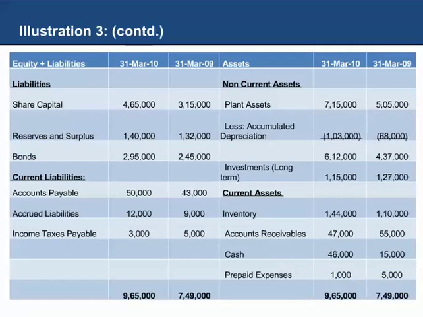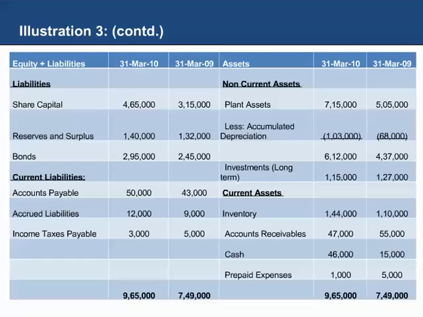So friends, in this illustration, the balance sheet has been given as follows. There is a comparative balance sheet given for both the years, which will help you adjust for non-cash items and also adjust for working capital changes.